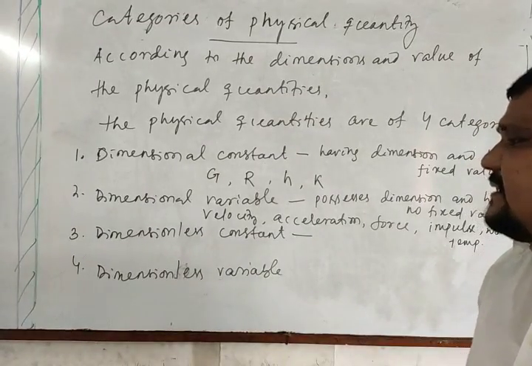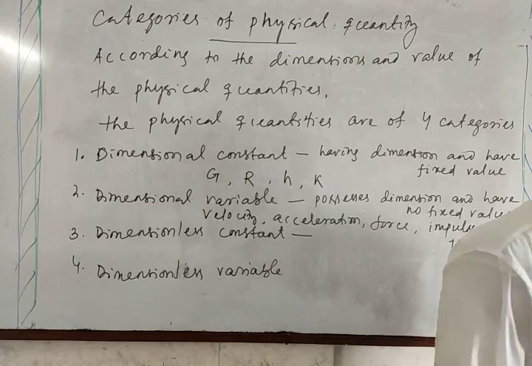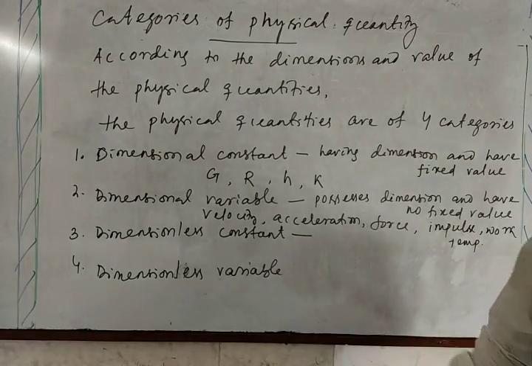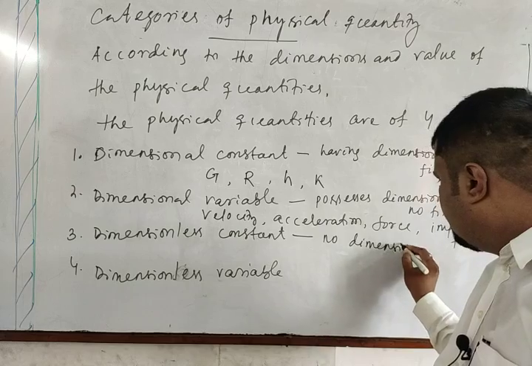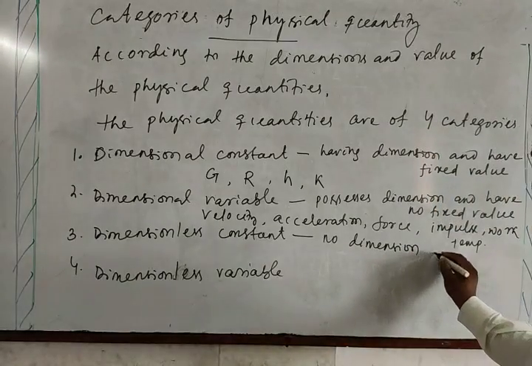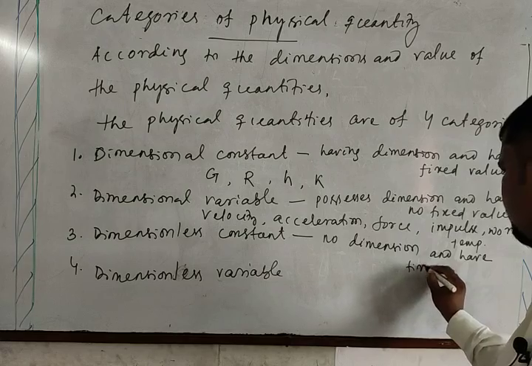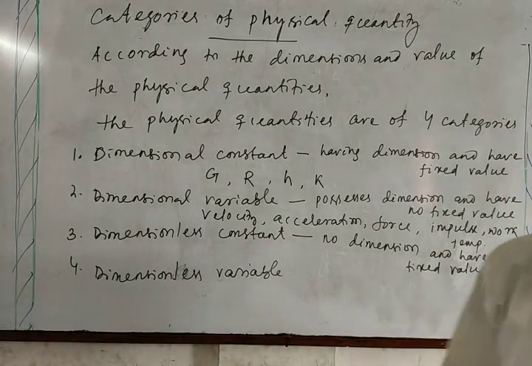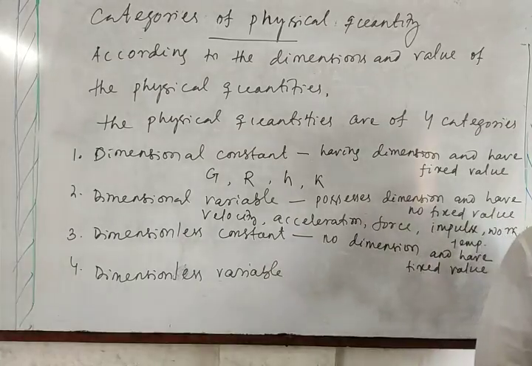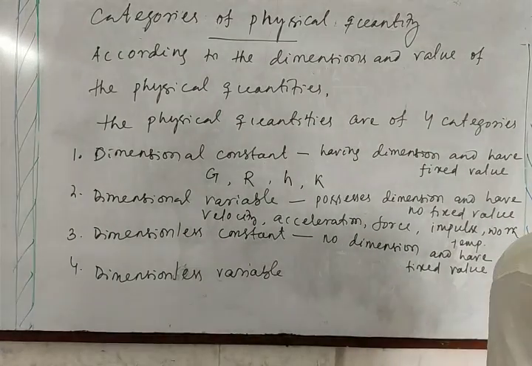Then the dimensionless constant. What is the dimensionless constant? Dimensionless means no dimension, and have a fixed value. So a physical quantity has no dimension but has a fixed value.